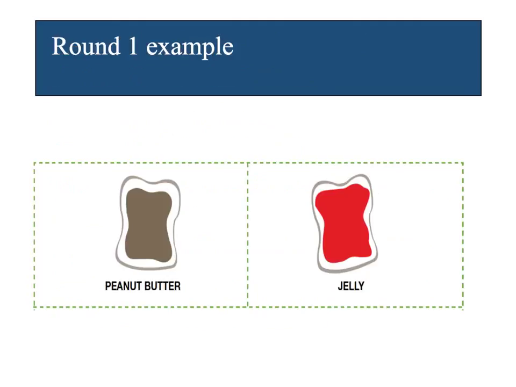For round 1, what you have in your lesson plan is a series of reactant pairs. Peanut butter will pair up with jelly and so forth. You'll cut these little squares apart and tape them onto students' backs so they don't know which one they have. They might have salt, they may have knife, they may have jelly, whatever.